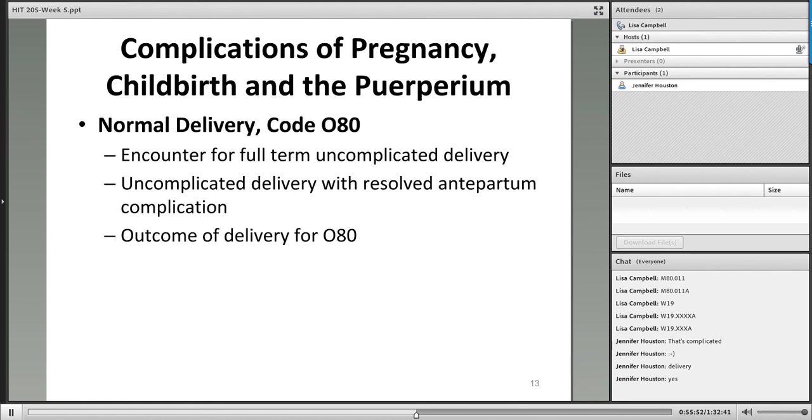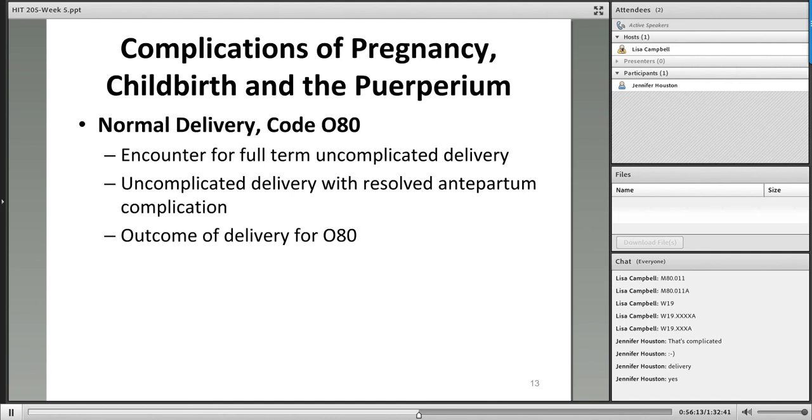Normal delivery, code O80 for normal delivery. So this particular code is used when the delivery is normal as defined by the coding manual.